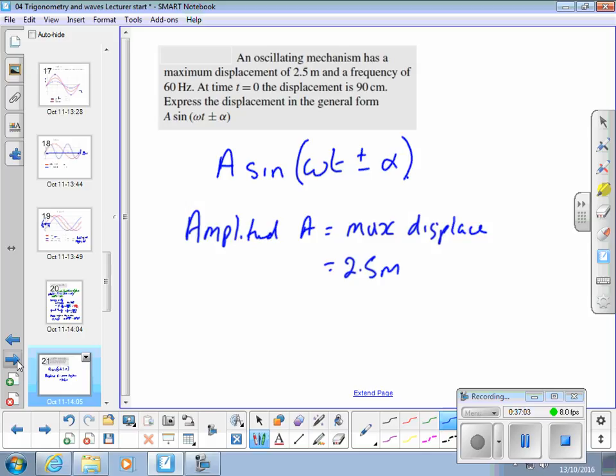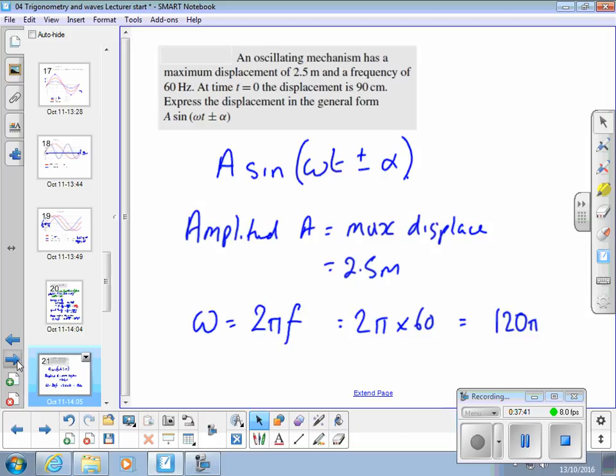So omega is equal to 2 pi f. So it's 2 pi times the frequency 60, which equals 120 pi. No calculators needed. Do not evaluate pi here.